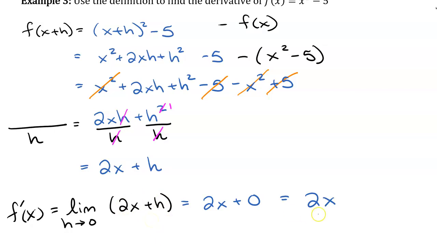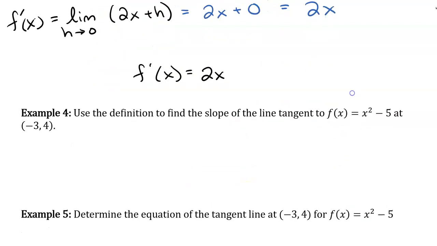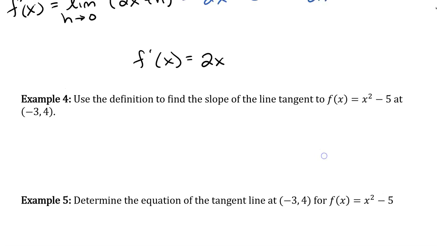Now once we have the equation of the derivative, we can actually use it. So find the slope of the tangent line of f of x, well, that lovely equation we were just doing, at the single point -3, 4.